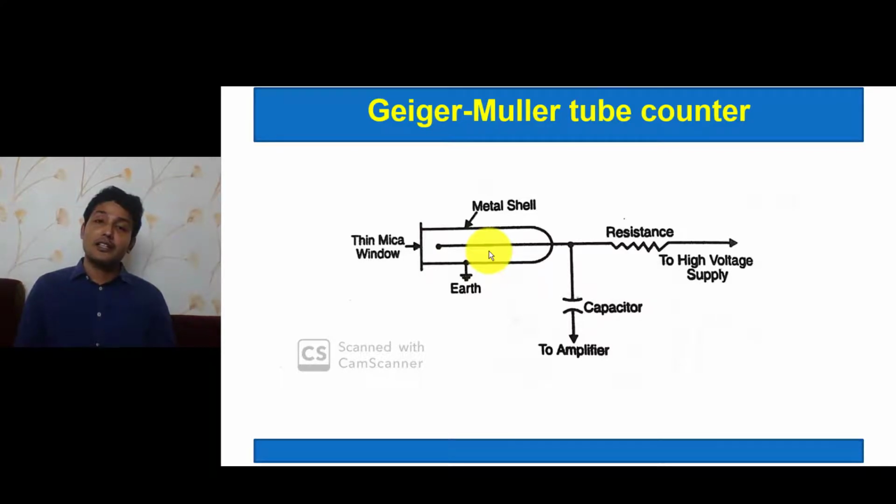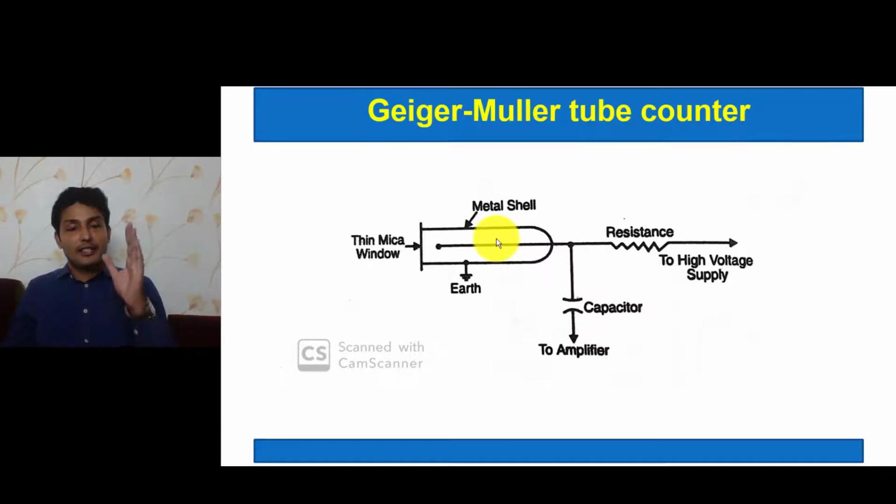That ionization occurs, and then those ions further ionize other molecules of argon gas, and ultimately an ionization current is produced. That current is proportional to the amount of radiation falling on the counter through this thin mica window. So that is the Geiger-Müller tube counter. Argon gas is filled, then it is ionized, further ionization occurs, and then it is detected.